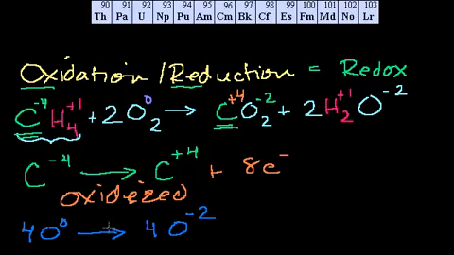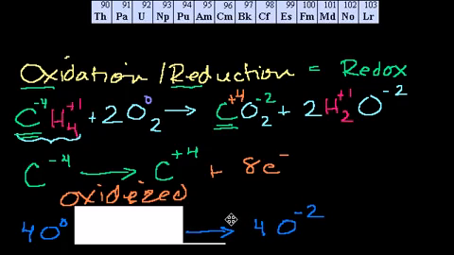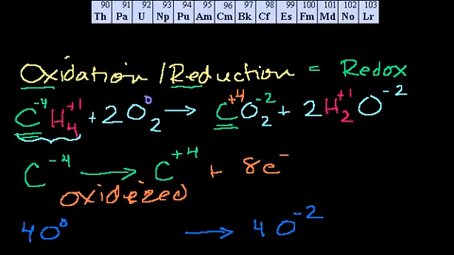So actually, let me rewrite this reaction. Let me erase a little bit of it, and move this over. There you go. And let me fill in that just so aesthetically it's pleasing. All right.